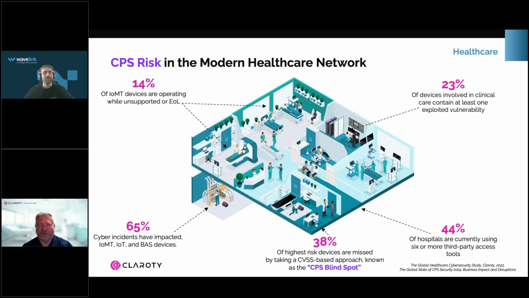On the healthcare side, it's probably a little bit more risk averse because those operations are 24/7 for the most part. They actually contain or remain controls around patient safety. So imagine being in theatre and something goes wrong with one of those infusion pumps. That's an issue. That's patient safety in real time.